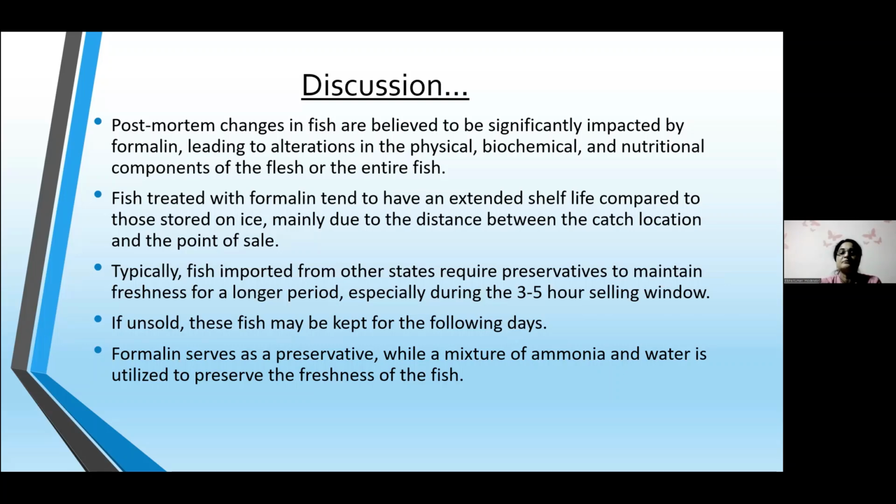They are kept in preservatives and in tight boxes where the fish may stay in good quality, but after opening the box, when the fish are exposed in the fish market on the platform, they have to stay 3 to 5 hours in the open or in open sunlight, so they start to deteriorate. So that's why the fish vendors use formalin. Some of the fish vendors also use ammonia for freshness.